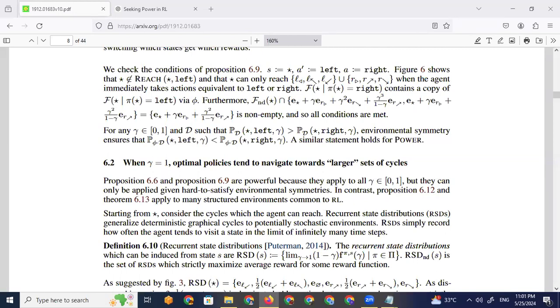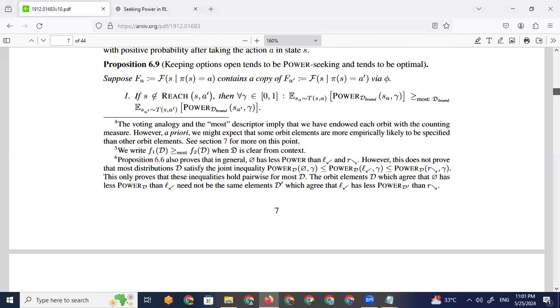Sorry for that disturbance. So I think I do understand what this paper is coming to, what this paper is trying to tell us. It is saying that if you have optimal policies, based on, let's say, the functionality, it generally tends to pick options or perform actions through which it could have multiple options.